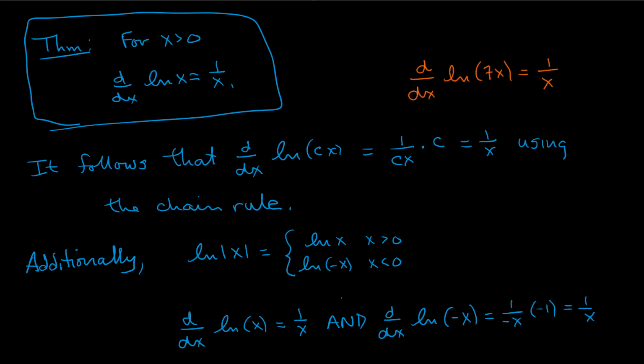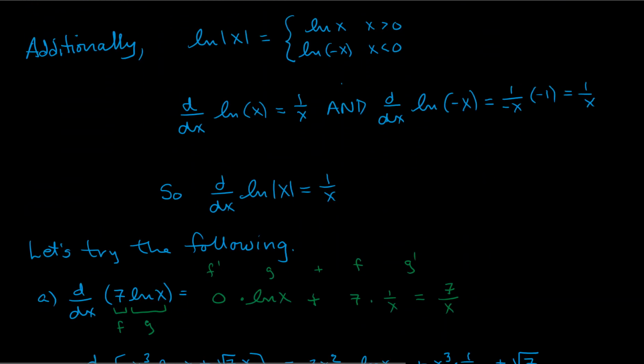It's not uncommon in mathematics to run into the natural log of the absolute value of x. We've never really looked at how you take the derivative of absolute value. It gets a little messy. What winds up happening here is we're going to define this as two separate functions.